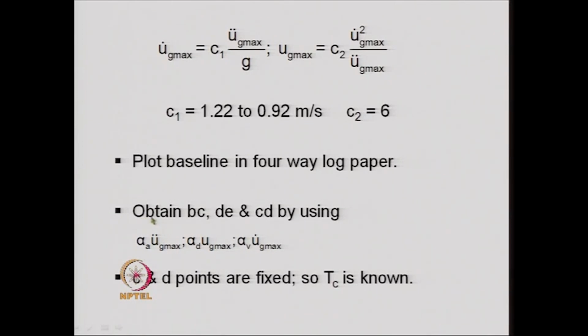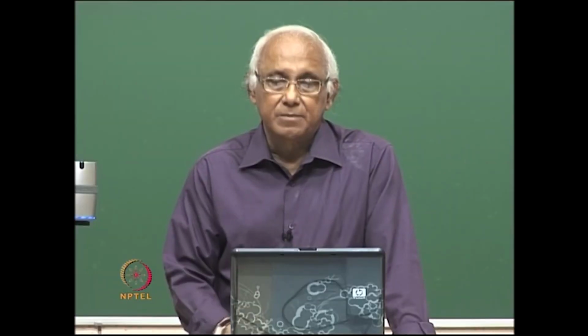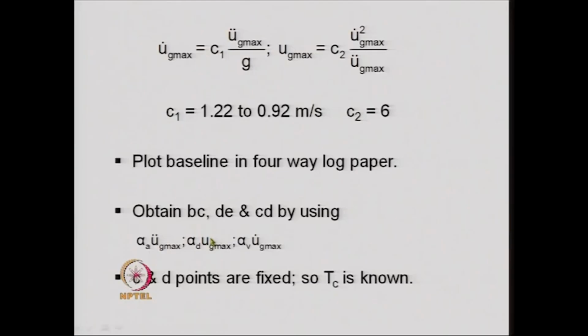Then, as we discussed before, obtain the BC, DE and CD segments using these multipliers: the maximum ground acceleration is multiplied by alpha A, the maximum ground displacement is multiplied by alpha D, and the maximum ground velocity is multiplied by alpha V. These alpha A, alpha D and alpha V are available in various literature for different soil conditions and for the design earthquake level and the extreme earthquake level, and they are obtained from past earthquake records.